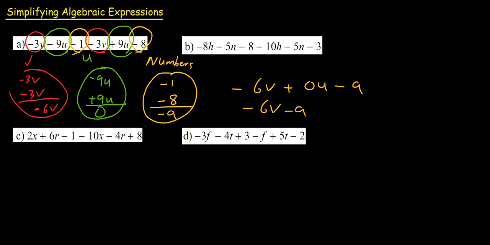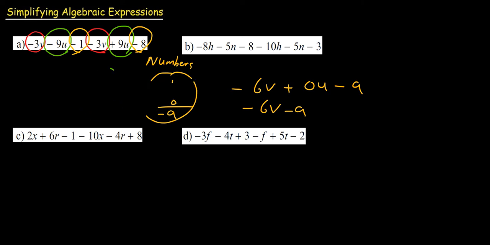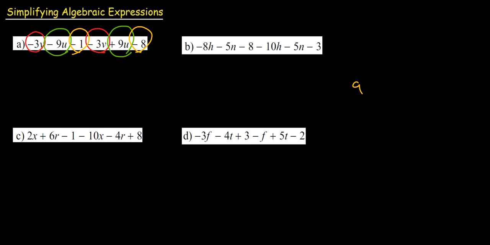So let's just do that in a slightly different way. Let's write them down. So we've got negative 3v, negative 3v. We've got negative 9u plus positive 9u.